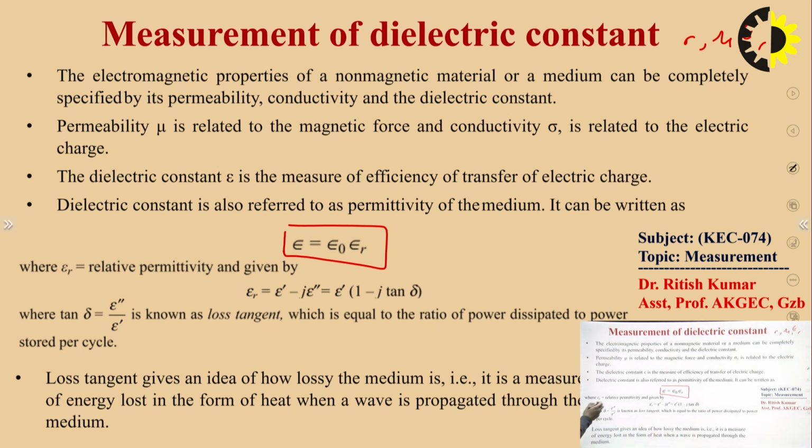Loss tangent is defined by epsilon double prime by epsilon prime, the imaginary part divided by the real part. The ratio of the imaginary part and real part of relative permittivity is known as loss tangent.